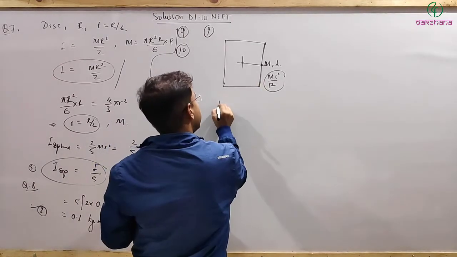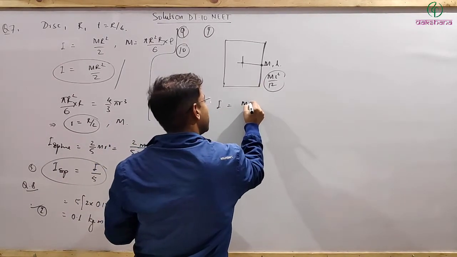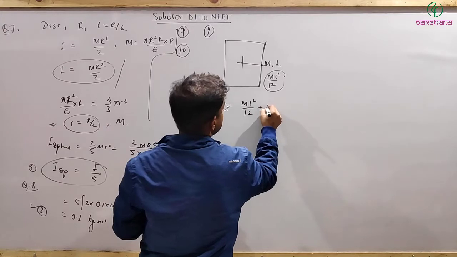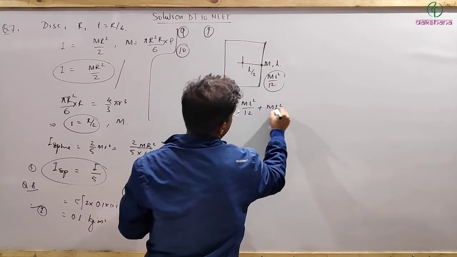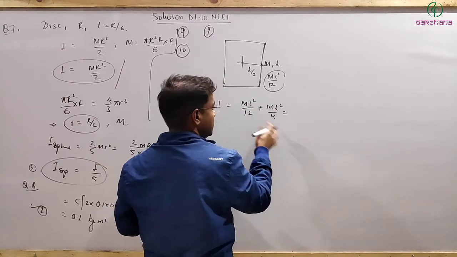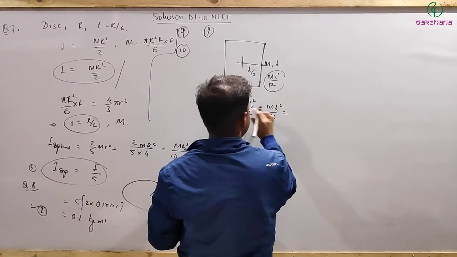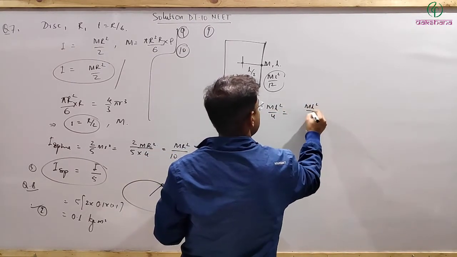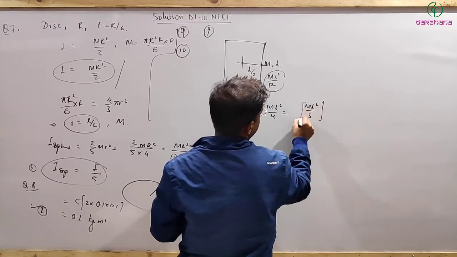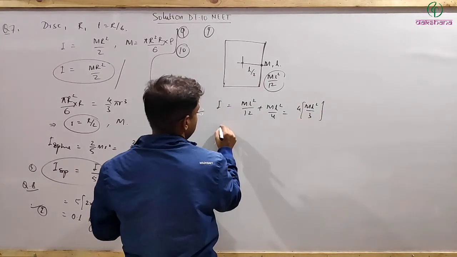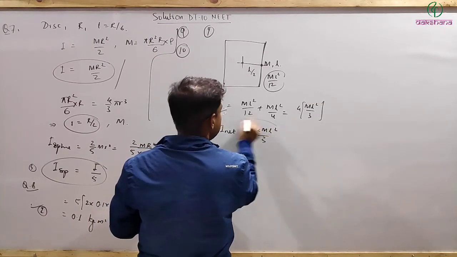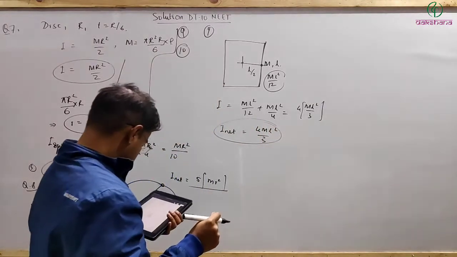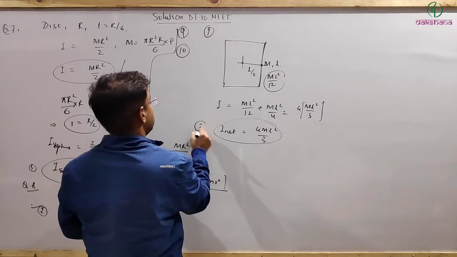So I due to a single rod will be m l square by 12 plus m into l by 2 whole square, so this will be l square by 4, and that comes out to be m l square by 3 multiplied by 4 rods, so I net will be equal to 4 m l square by 3. That will be the answer to the problem, matches with option number 1.